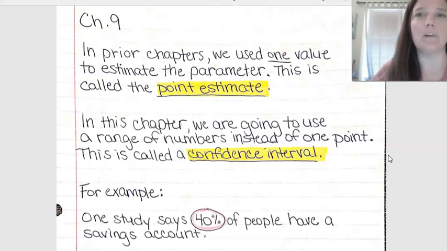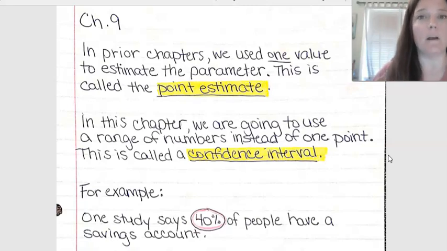And what we start off with in chapter 9 is the difference in a point estimate and a confidence interval. So what we've been doing so far is using point estimates. Like we would do a study and we would have one statistic, right? Maybe a percentage or an average, but we're going to have one value, and that would be called our point estimate.